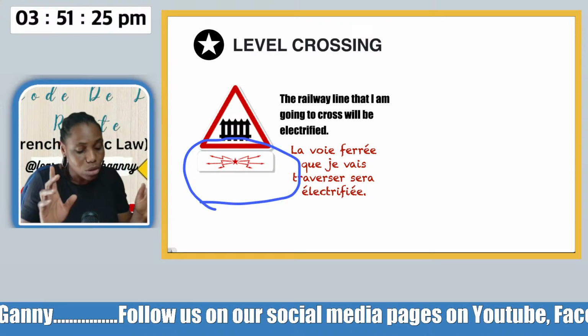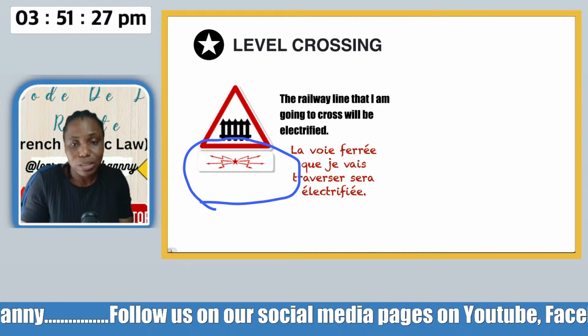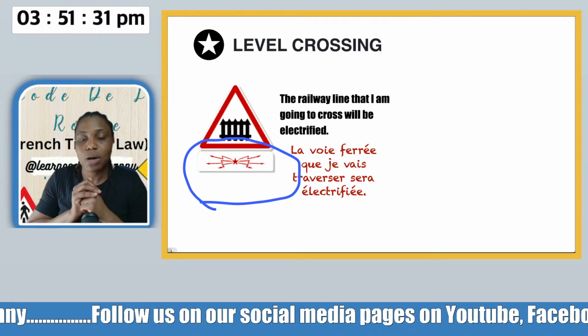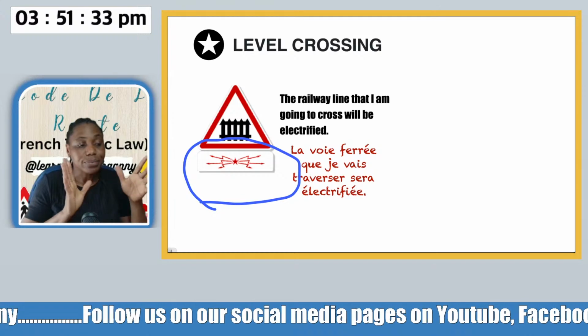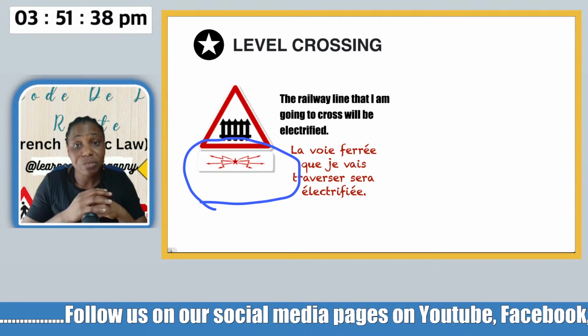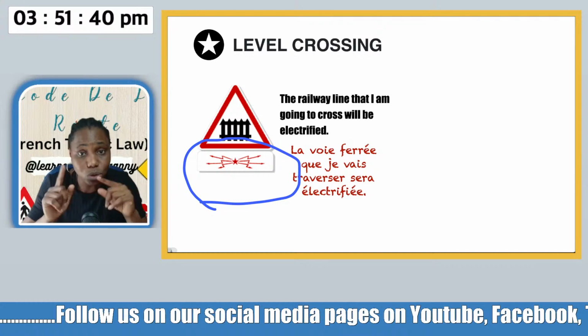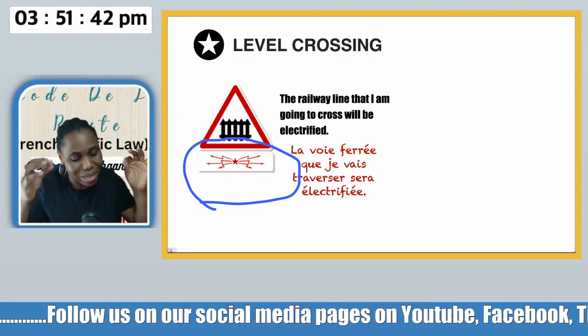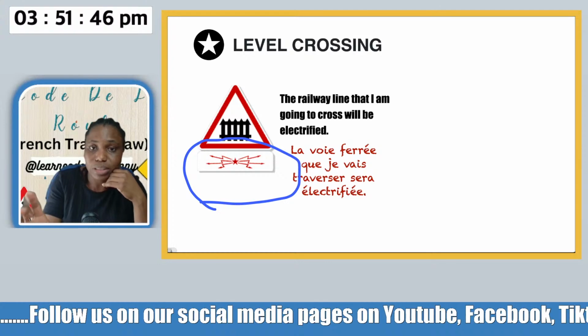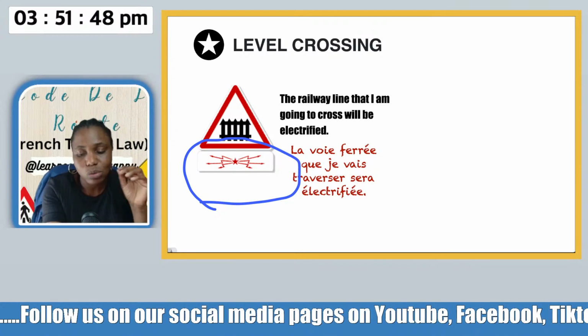So if you see me looking, that is the other display that I'm sharing on. You have to be very careful. The railway that you are going to cross is electrified. So as you are crossing it, take note, and cross it with prudence.